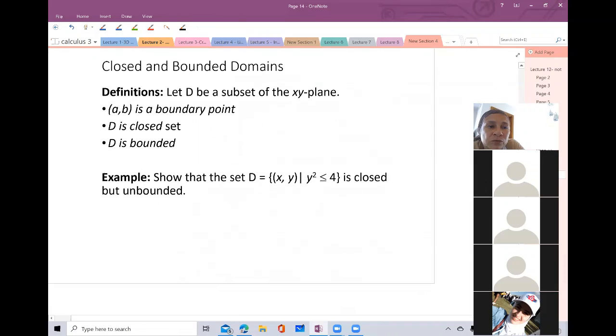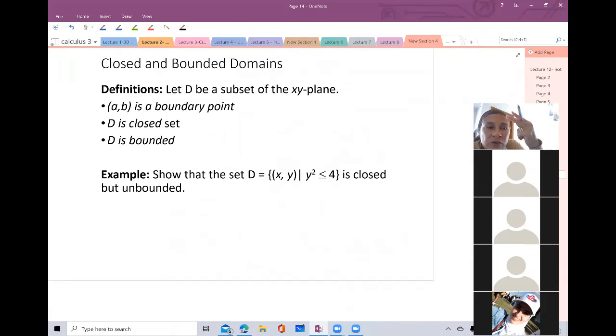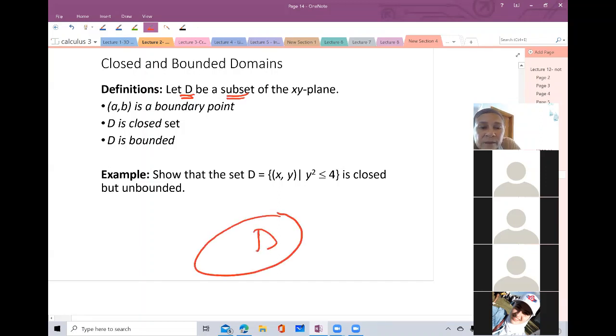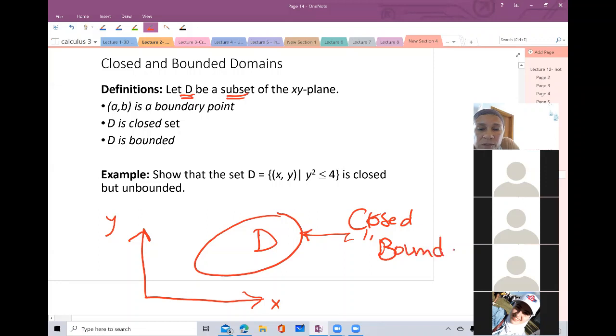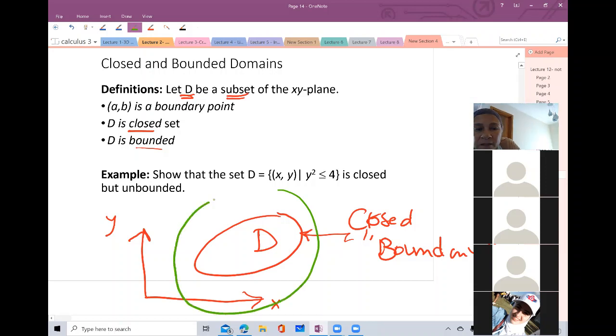Now we want to move on to functions of two variables. Instead of the interval from A to B, I have a subset of my domain. I'm going to look at this subset D, taking just a piece of the whole domain, and I'm going to check: is it closed? Closed means the boundary points are included, all boundary points. That's the meaning of closed. What does bounded mean? It means the set can be contained in some disk.